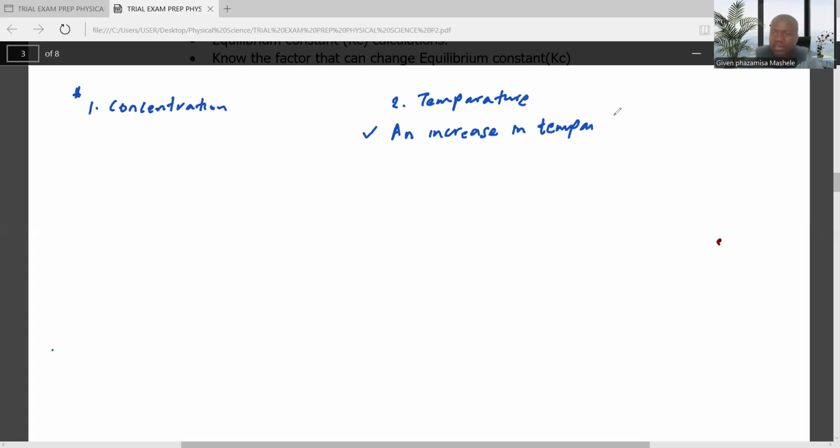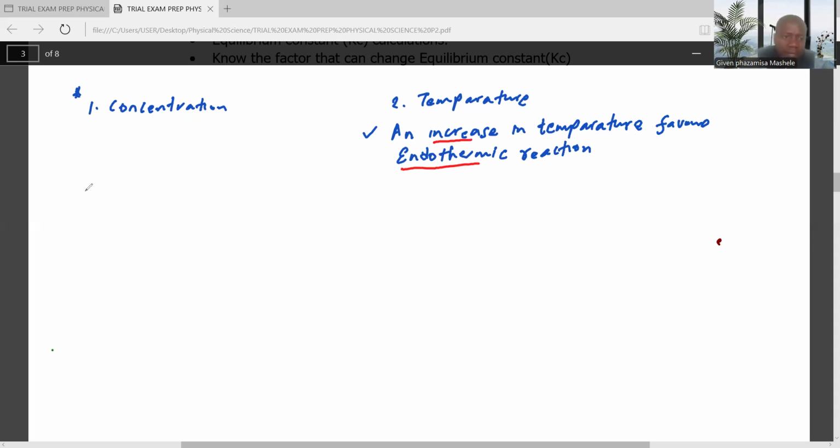When you increase temperature, according to Le Chatelier's principle, you always favor the endothermic reaction, all the time. So you need to know this.